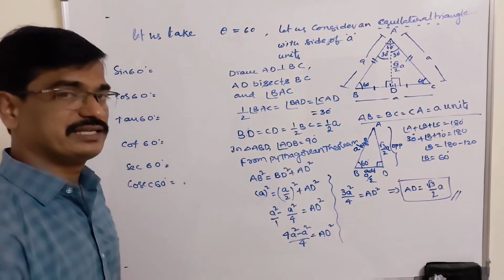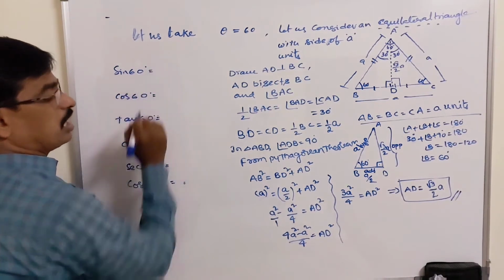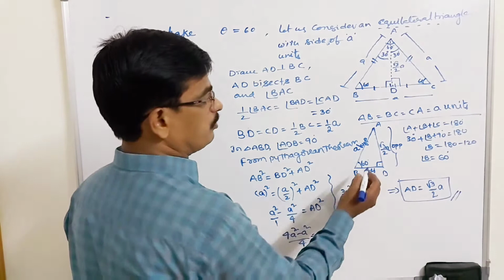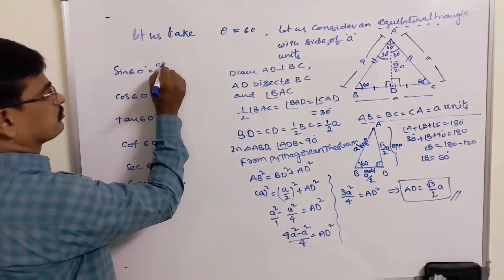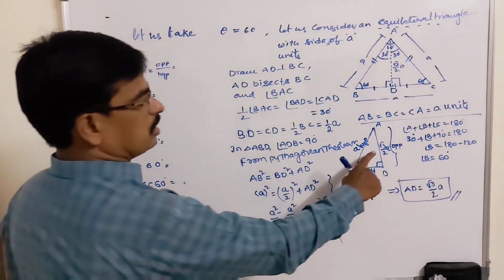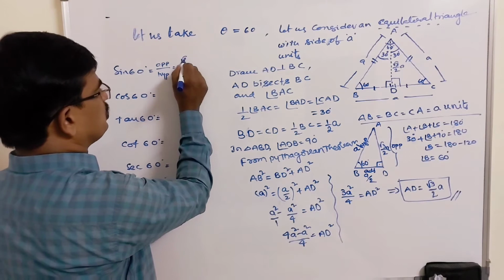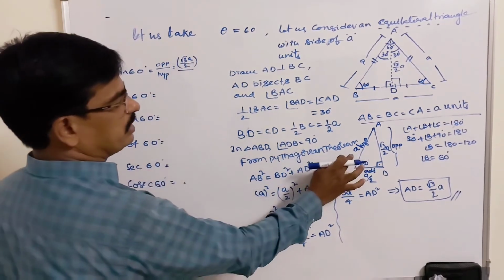Now replace these values from the definitions of sin theta, cos theta, tan theta, cot theta, and secant cosecant. Sin 60 is equal to, we know that opposite side by hypotenuse. Opposite side is root 3a by 2 divided by, what is hypotenuse?